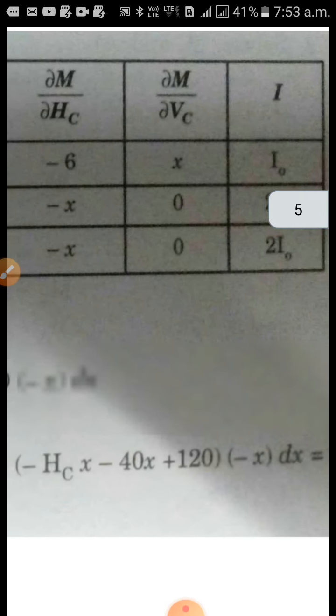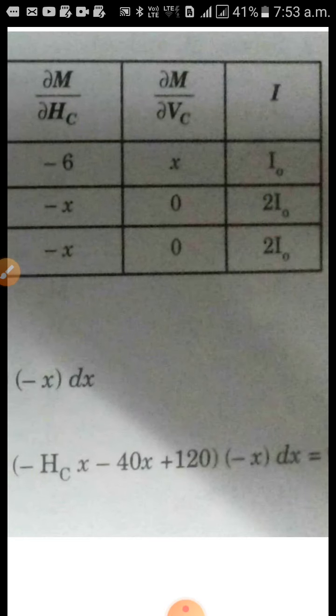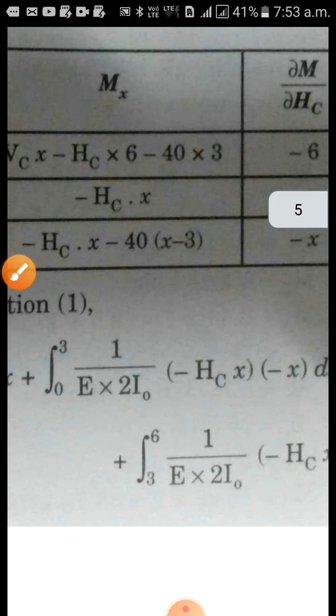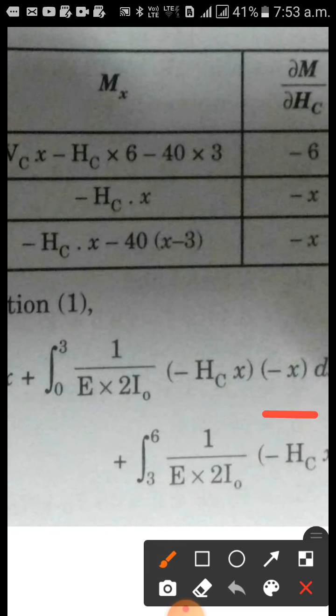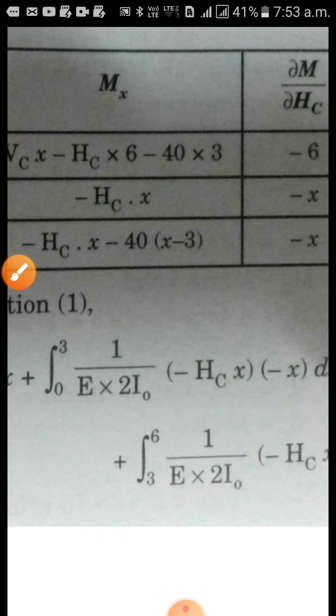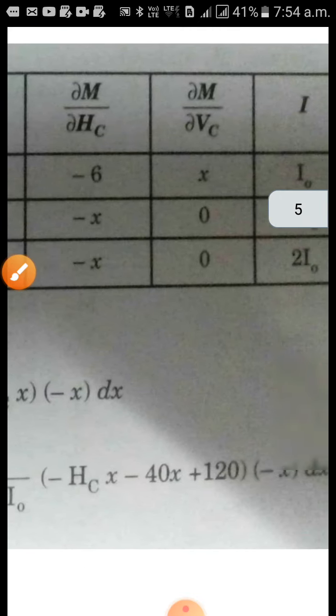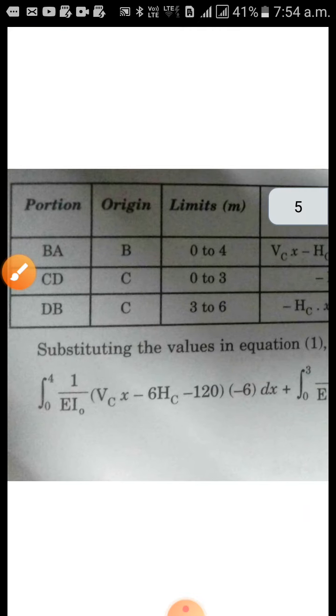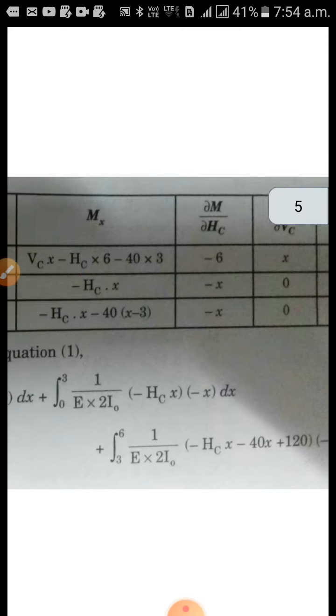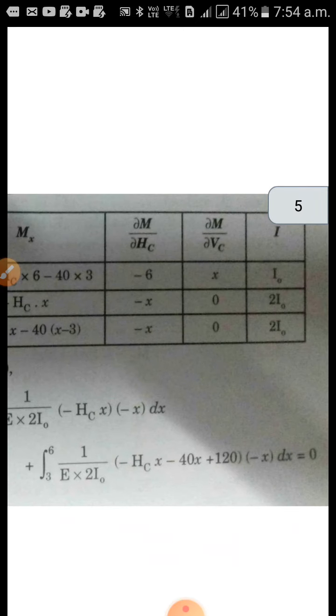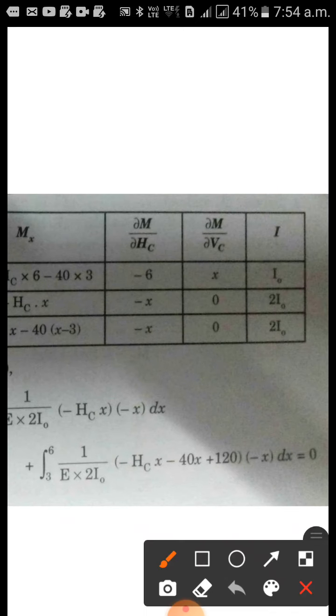Because see, dou M by dou VC for portion BD, and the other portion is 0. See, for portion CD and DB, there is only HC, no VC. When you differentiate with respect to VC, it has become 0.